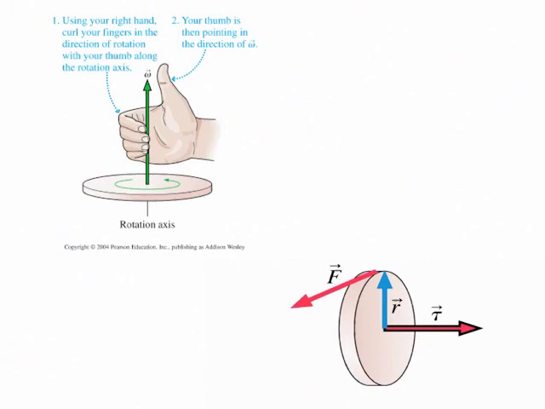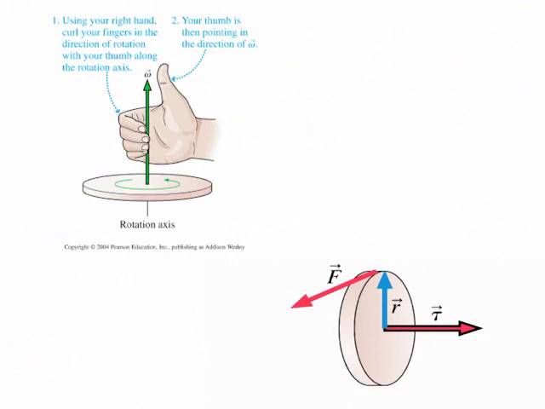So omega is pointing up, or in the positive direction, when a disk or a wheel or an object is rotating counterclockwise. If the object rotates clockwise, then you curl your fingers clockwise and your thumb points down. This is how we find the direction of omega. It is similar to tightening or loosening a screw.